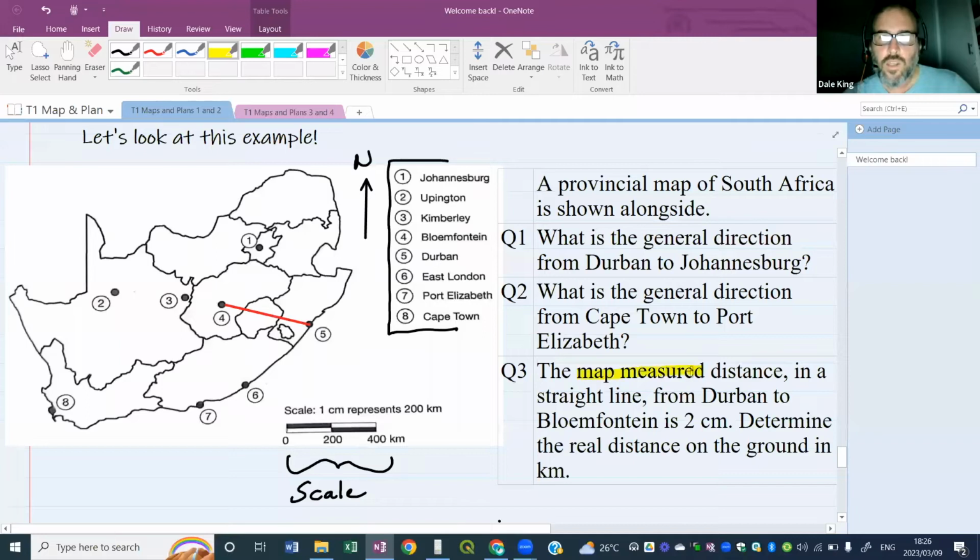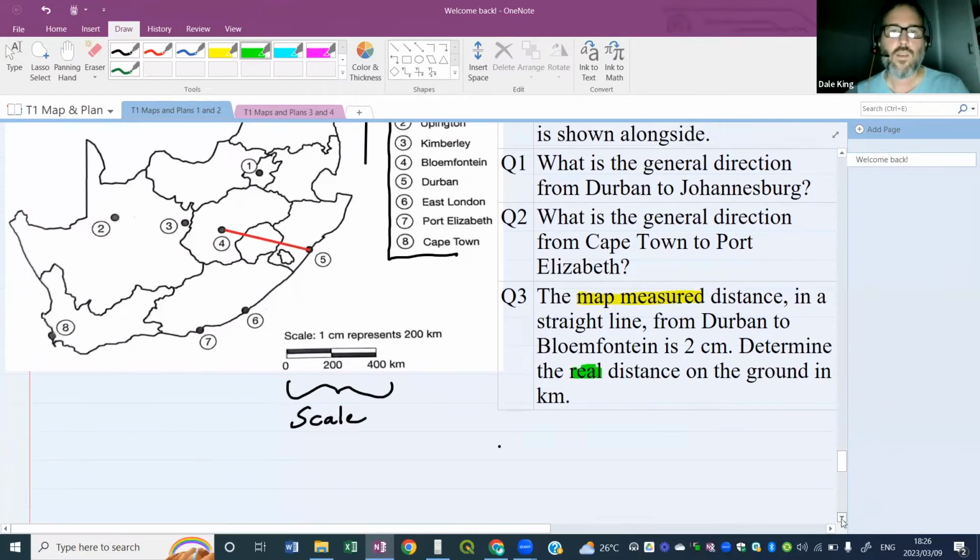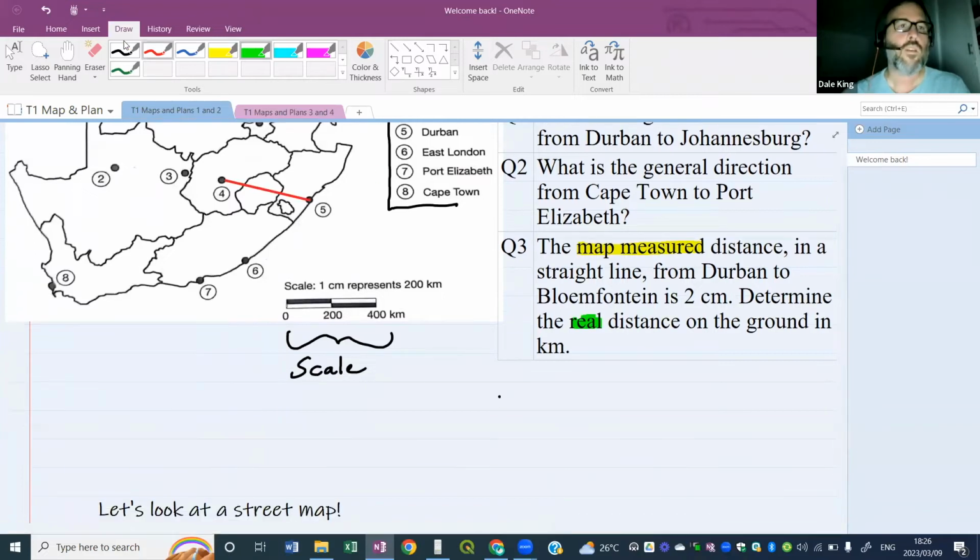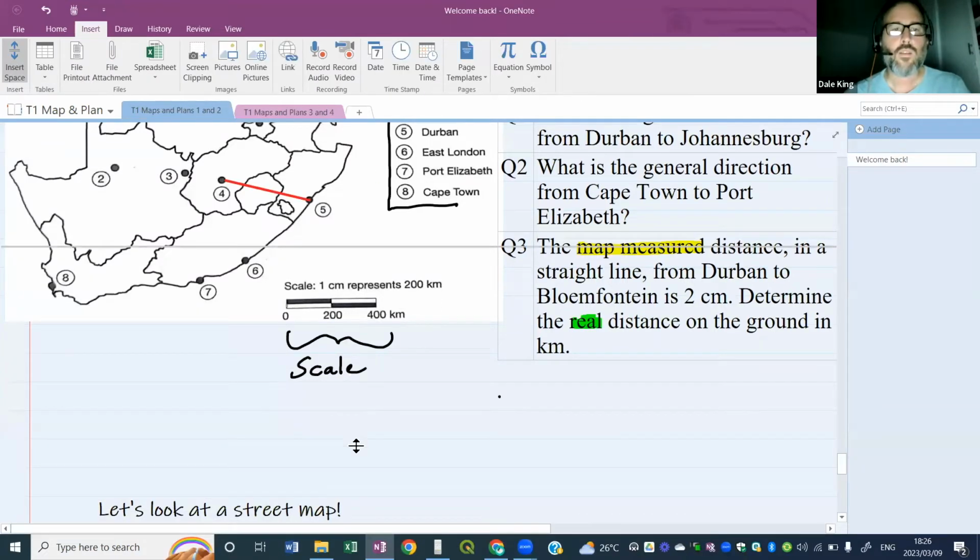What that means is you've measured it on the map with a ruler. Determine the real distance in kilometers. We learned about that on Tuesday. Now we need a scale for this. I'm going to move down a little bit and give myself some space.